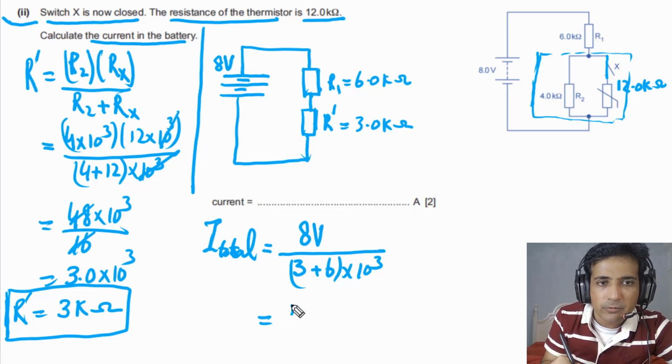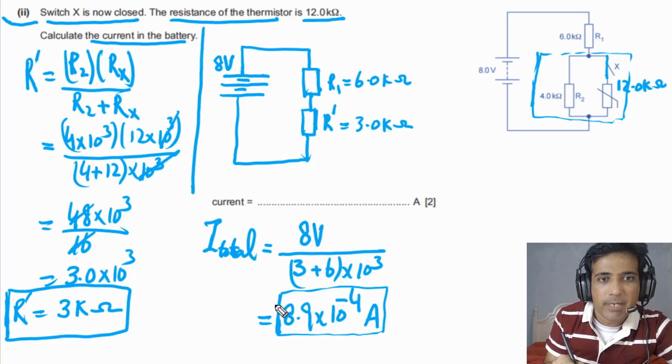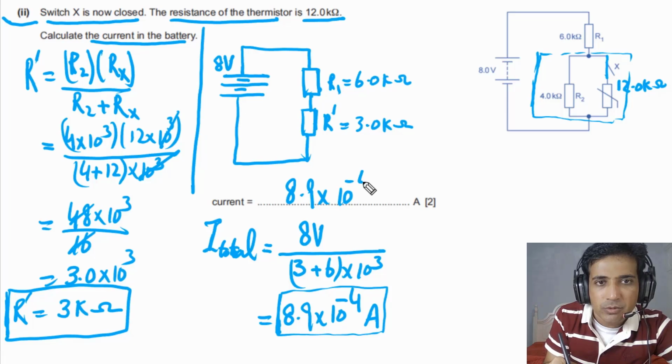Now if we solve this, our final answer will be 8.9 times 10 to negative 4 amps. This is the current coming out of the battery, or the current in the battery.